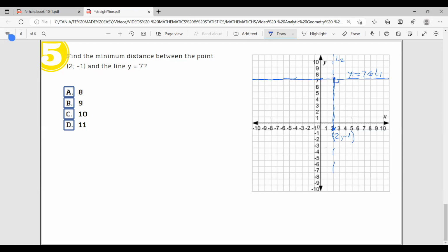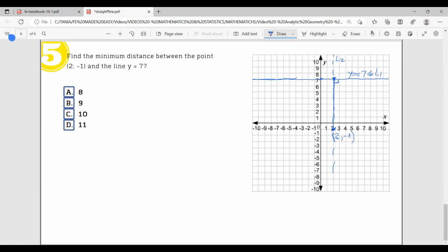So this is something similar to what we have done before. And right here, you can tell right away the distance is going to be 8. But how can we prove this using the algebraic equations or the straight line equations? Let's analyze this a little bit.